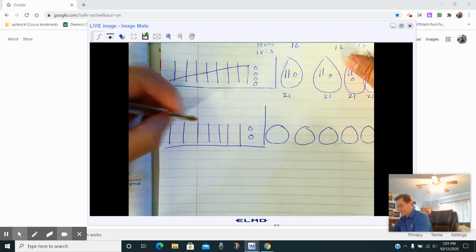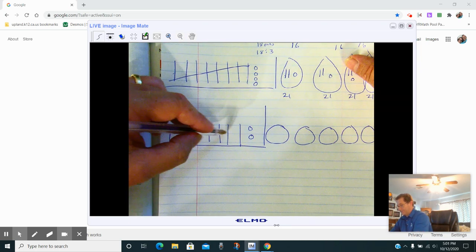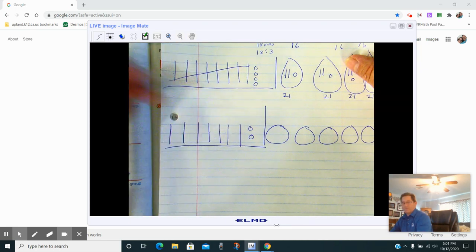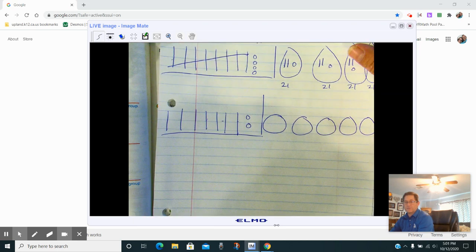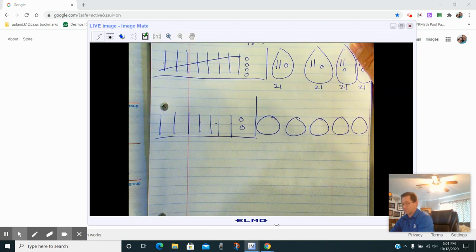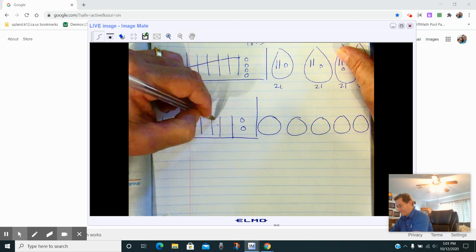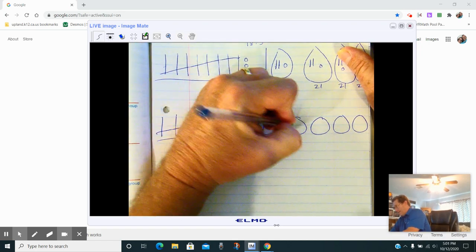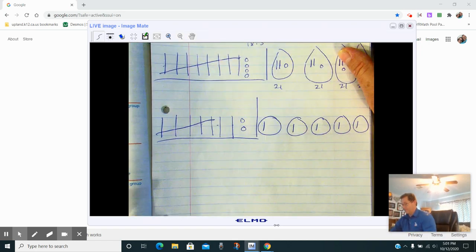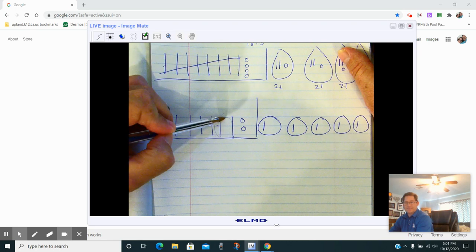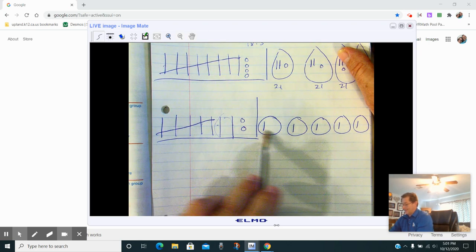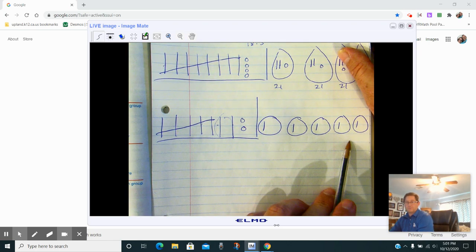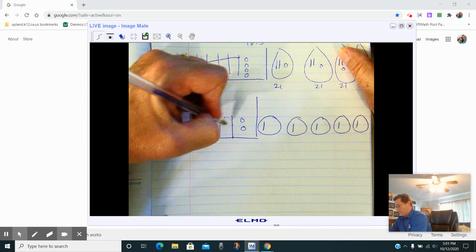So I can only put 1 of those 10s in each circle because I only have 7 10s and I've got 5 circles. So I'm going to take 5 of them and put 1 10 in each of the groups. I now have 2 10s left, which I cannot share with the 5 groups. So I'm going to trade those 2 10s for 20 1s.